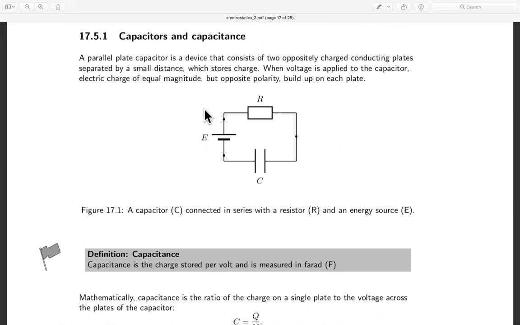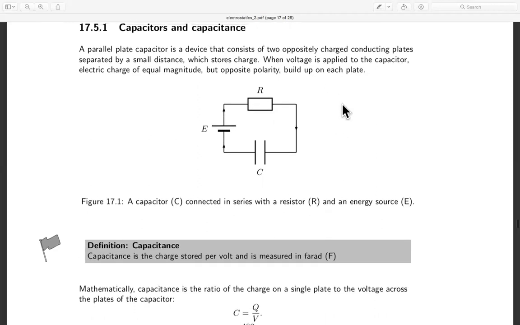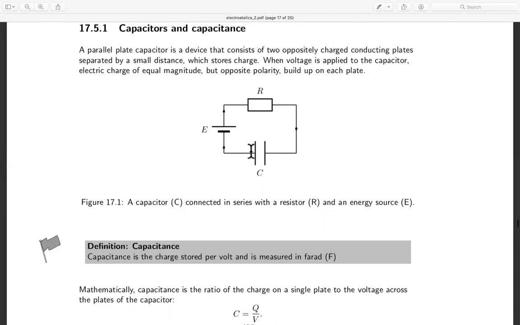When a voltage is applied to the capacitor, electric charge of equal magnitude but opposite polarity builds up on each plate. Here the capacitor is connected to a source E and to a resistor R.